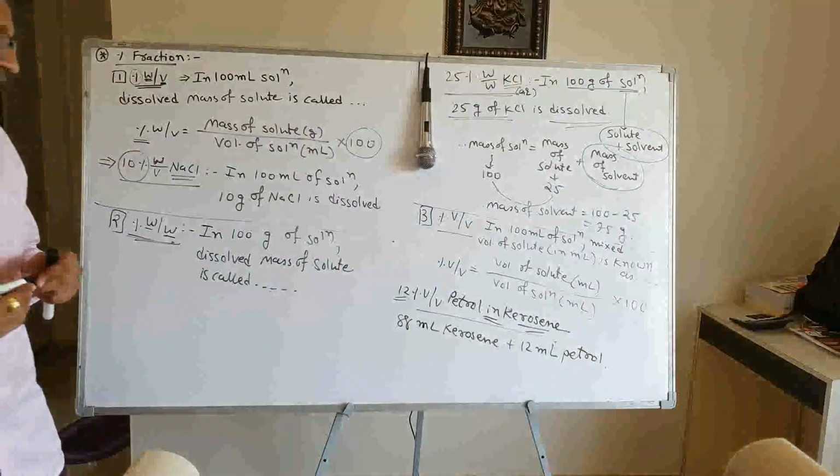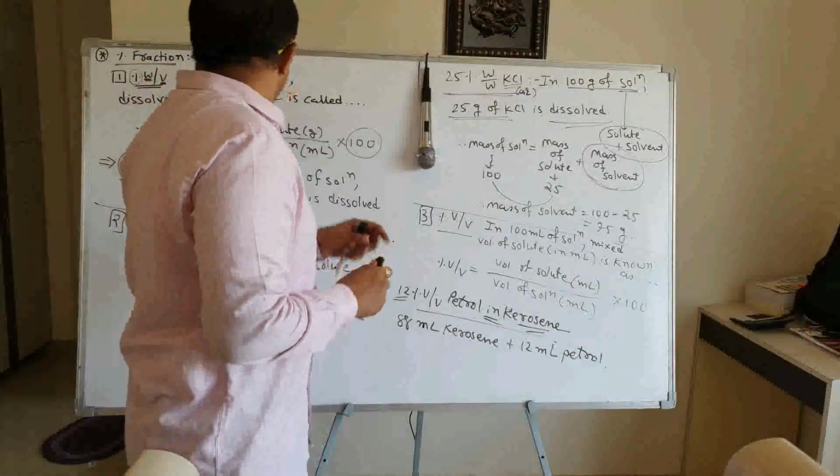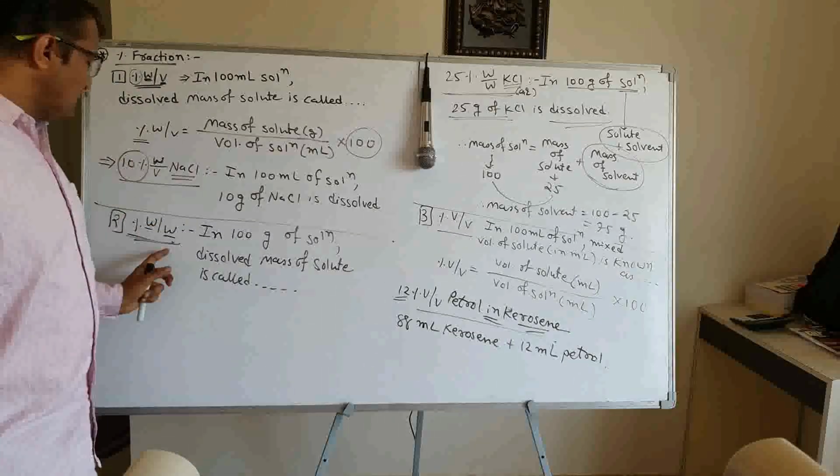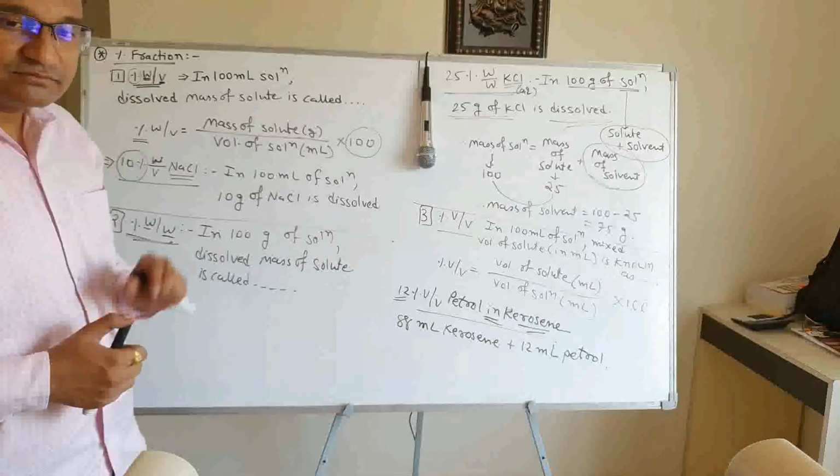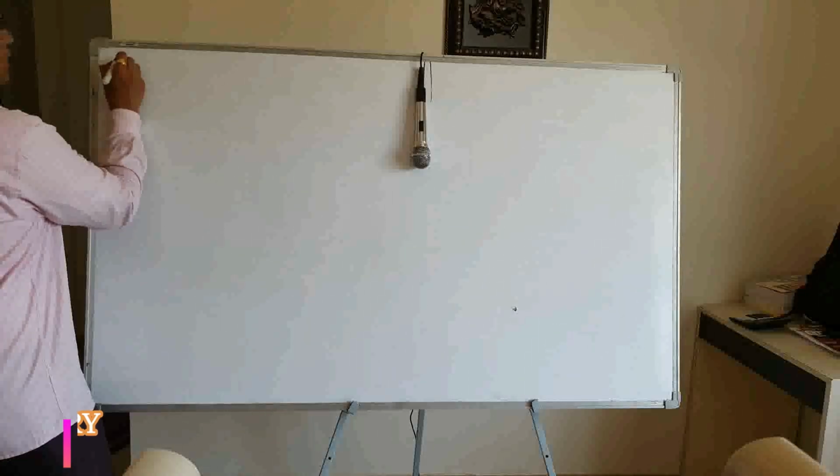Okay, so these are the conclusions: percentage W by V, percentage W by W, and percentage V by V. Next unit is molarity.